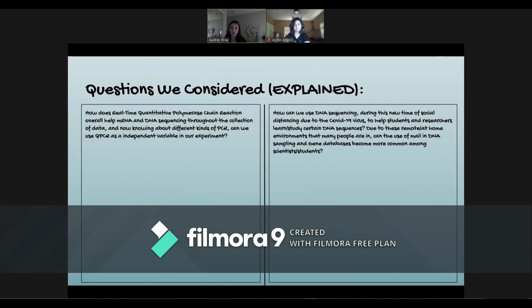Yeah, and for the qPCR, it's a basic technique that a lot of researchers and scientists use for bioinformatics, and something as simple and easy as this is used everywhere in the science field, and you need several instruments and kits. But in this sense, with remote learning, we can only do so much.